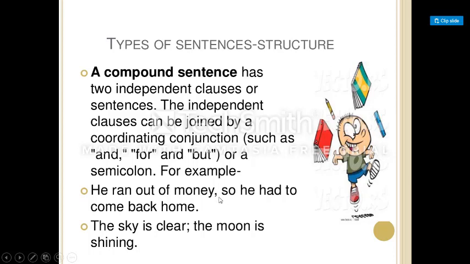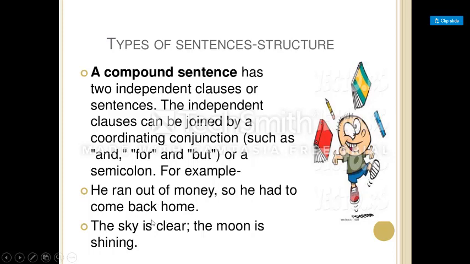These two clauses are independent. If you separate them, they can stand on their own. It doesn't depend on the other. This is the result. He had come back home.